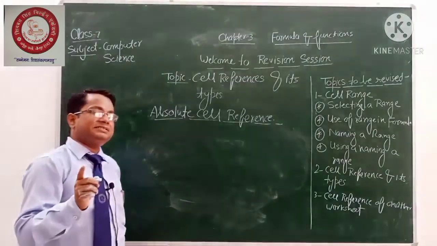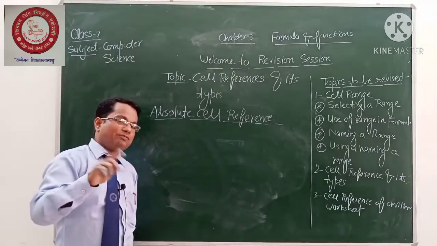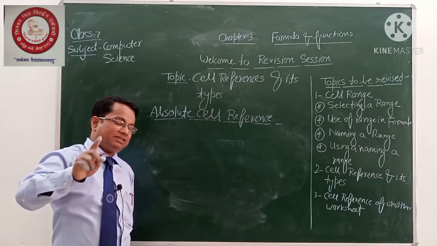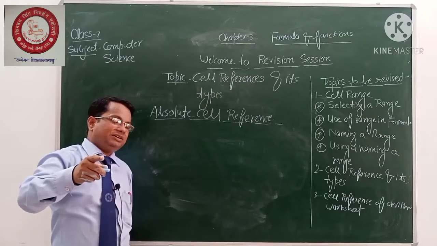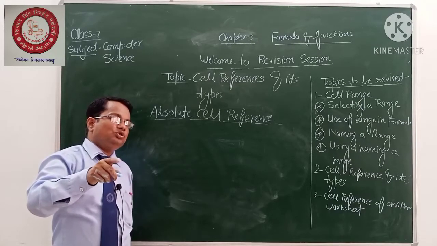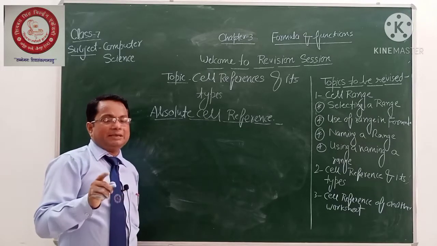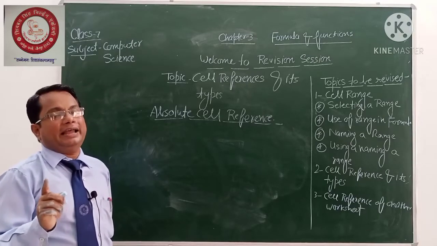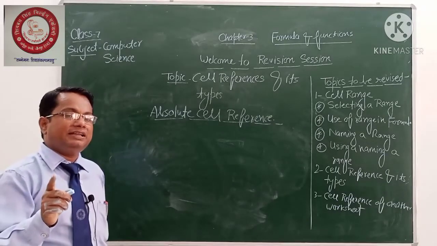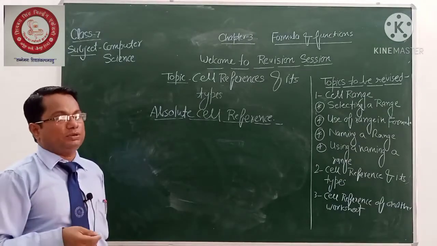In the previous cell reference, you have understood, when you make any kind of copy paste or scroll down your data, at that time the addresses of the cells change, and whatever content is written there is going to be pasted in a particular cell. But this time in absolute, you do not want to change the address of the cell, and whatever the content is there, that should remain constant. So how could it be possible?